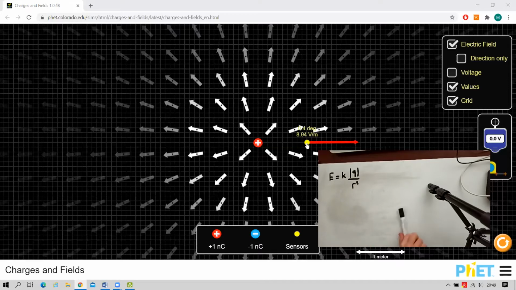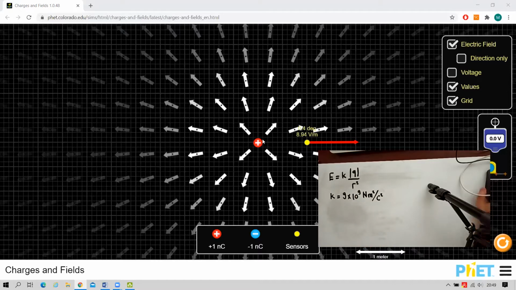R is the distance of the point to the source charge Q. And K is the Coulomb constant, around 9 times 10 to the 9 newton meter squared over coulomb squared. So you can check that formula.